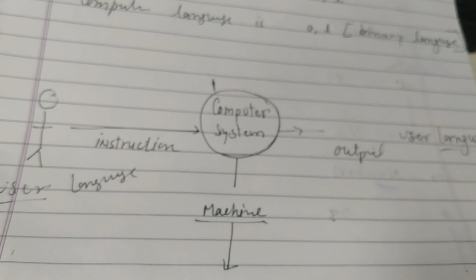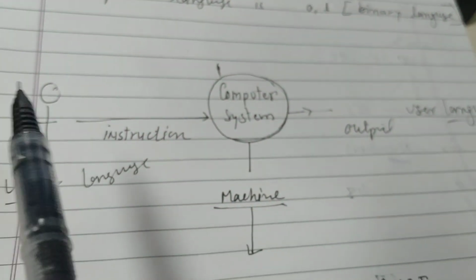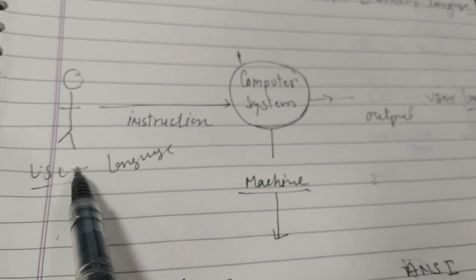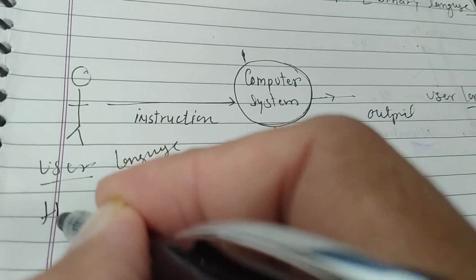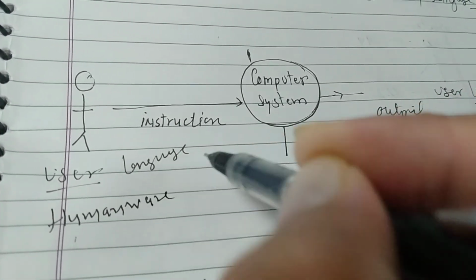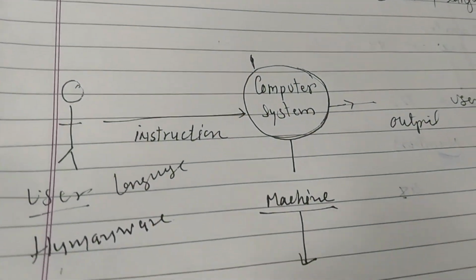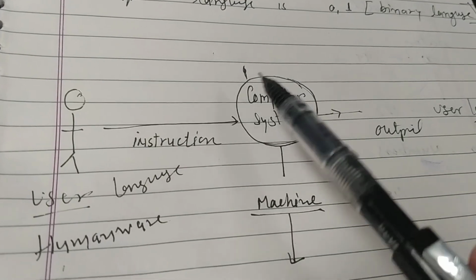Now students, what happens when we are working on the system? Here we are the user, and the user is generally called humanware. The human gives the instruction to the computer system.